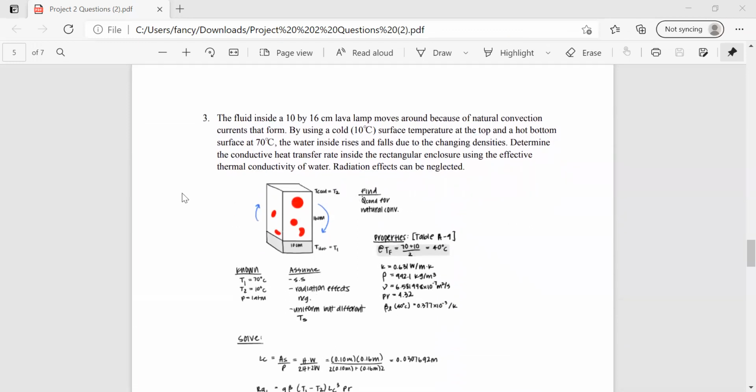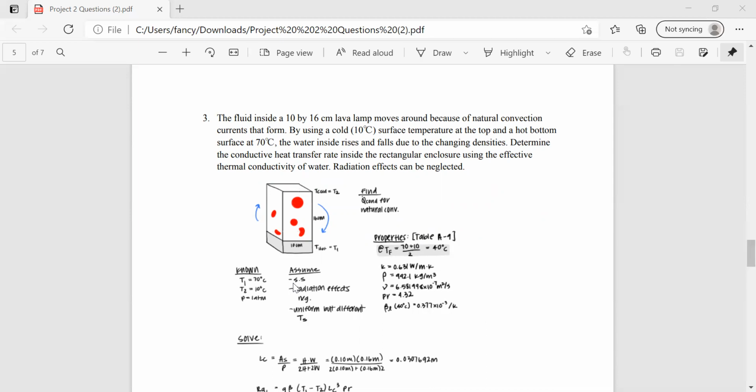Okay, for question 3, there's a lava lamp that works by using natural convection currents because there's a cold surface at the top and a warm surface at the bottom. And so these differences in density naturally allow the fluid to rise and fall.